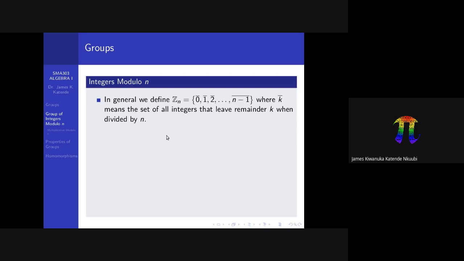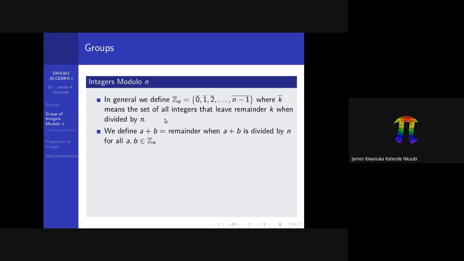In general, we define the set Zn to be equal to 0, 1, 2, up to n minus 1. Each of these sets, bar k in particular, will represent the set of all integers that leave remainder k when divided by n.